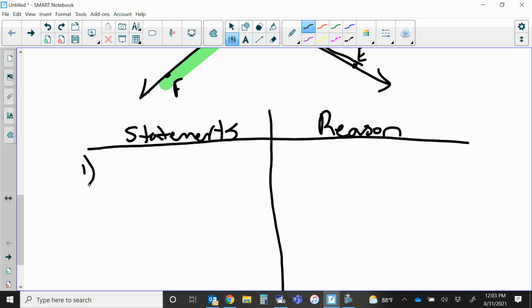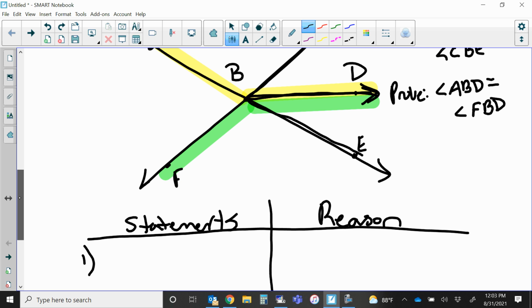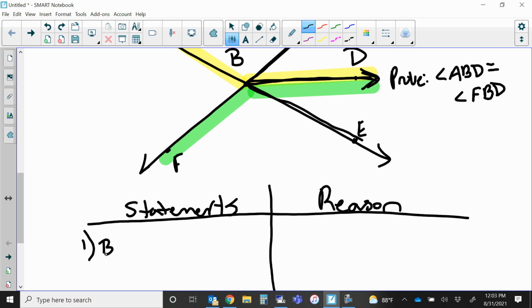So number one, I will give you a hint. What I always do is start with all of the givens that they gave me. That's normally a good area to start the proof. So what was the given? Ray BD bisects angle CBE.